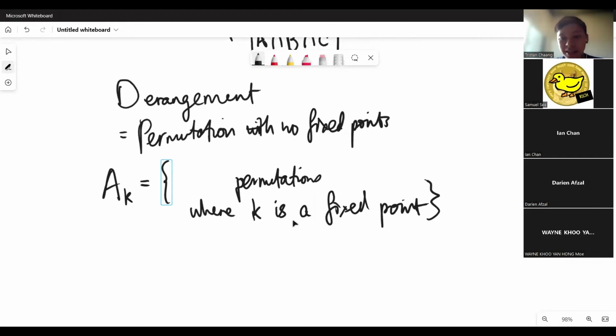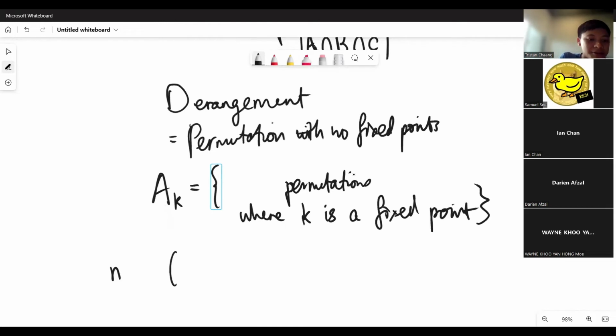So a derangement is where I take n factorial minus the set of A_1 union A_2 union dot dot dot union A_n.